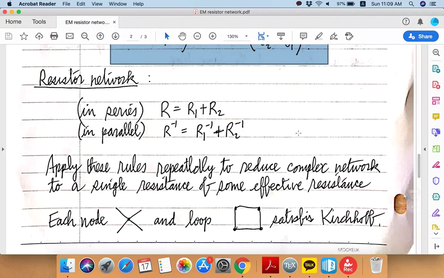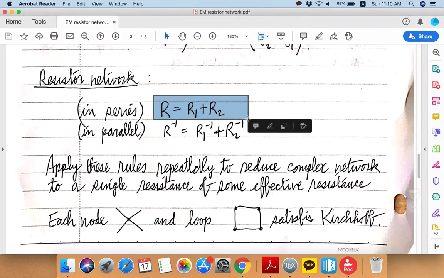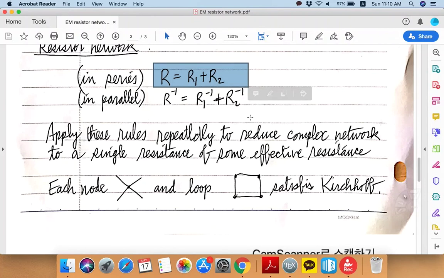But of course, one thing we know from very early on is that there are these two rules for adding resistances. If there are two resistors connected in series, then the effective resistance is the sum of the individual resistances. And if they're connected in parallel, then the inverse of the effective resistance is the sum of the individual inverses.